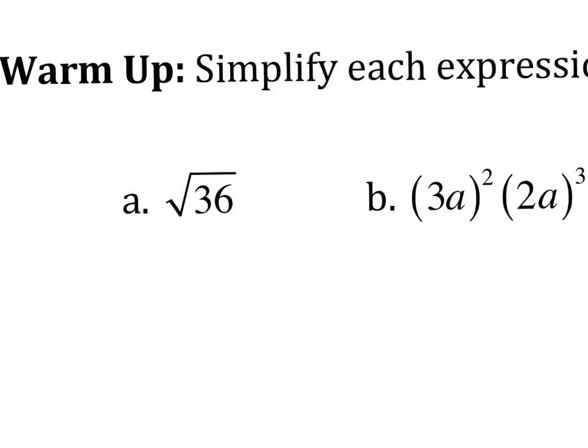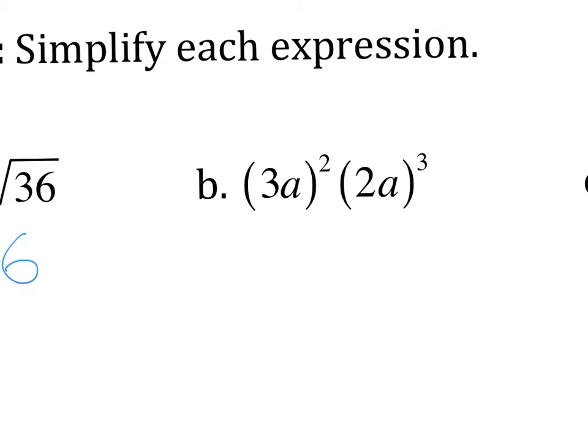So by way of simplification first, notice, of course, the square root of 36 is 6. Next up here, we are going to send this 2 into both bases, and this 3 into both bases. So that's mentally what happens. You don't have to write that out, just showing you.